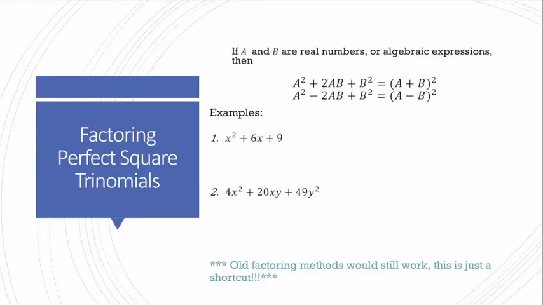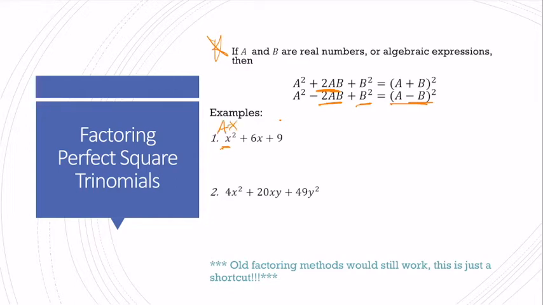You can also factor perfect square trinomials using this shortcut, such as a squared plus 2ab plus b squared equals a plus b squared, and a squared minus 2ab plus b squared equals a minus b squared. Or you could just factor this the old way, that's what I recommend, by finding the factors of AC that add up to b, right? So in this case, you have to verify that it matches this rule, right?